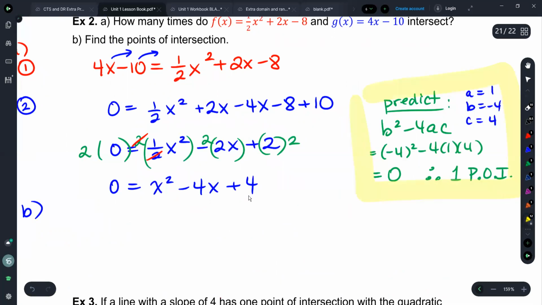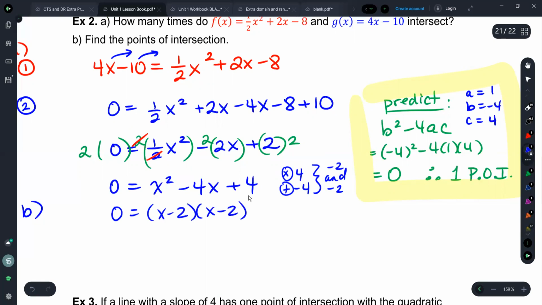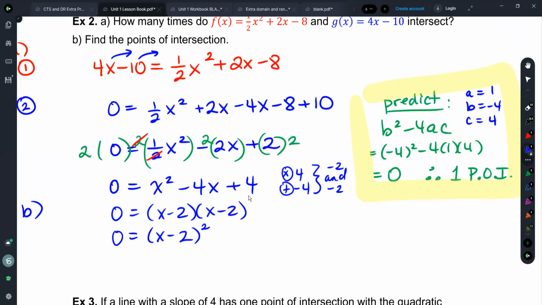Are there any two things that multiply to +4 and add to -4? -2 and -2. So I'm going to put that right into the brackets, x minus 2, x minus 2. And technically we can write this as x minus 2 squared. So that's why we have one solution here, because there's only one value that x can be equal to.